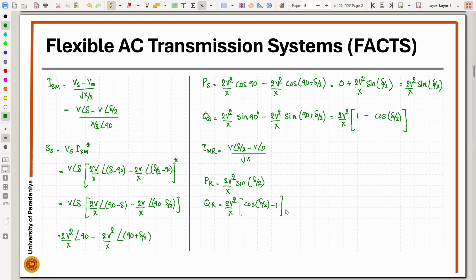So that would be the answer that you would get for the receiving end active and reactive powers.